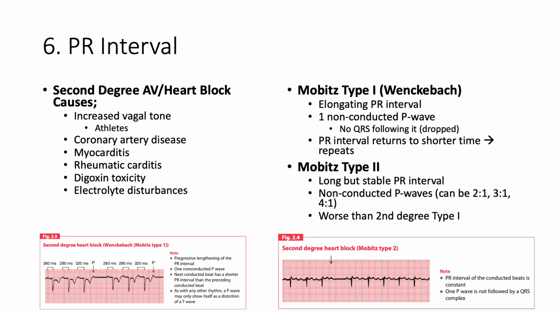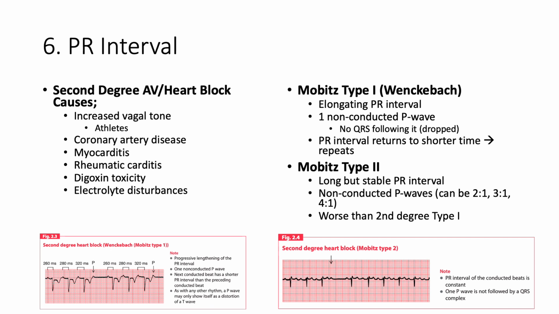And it repeats that in a cycle. So Mobitz type 2 is when you have a long, but constant PR interval, and then it will just have non-conducted P waves. So as I said, there's a P wave up the top of the atria that goes to the AV node, and the AV node just says you're not getting through. So you go without a QRS and without a ventricular contraction.